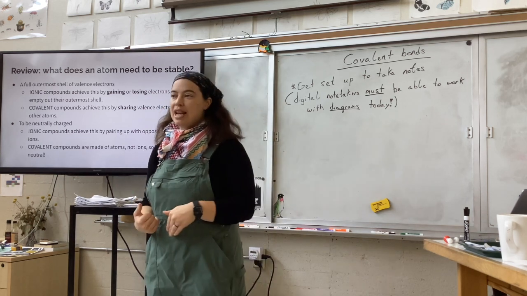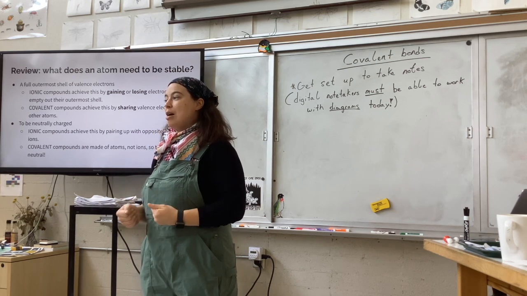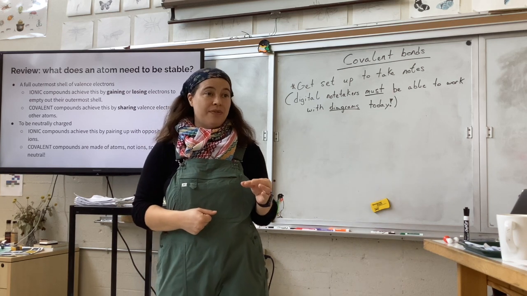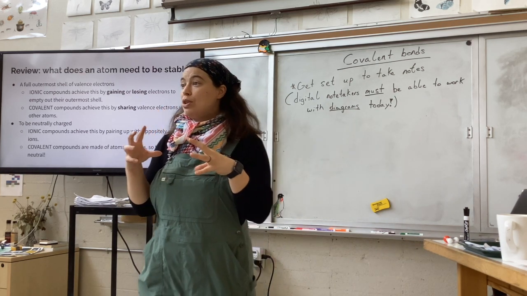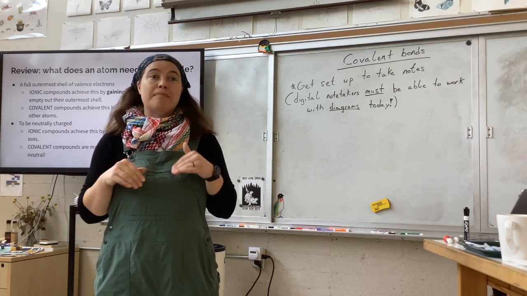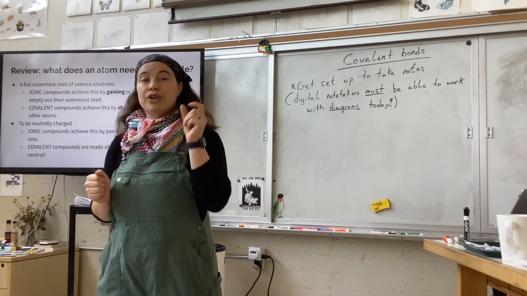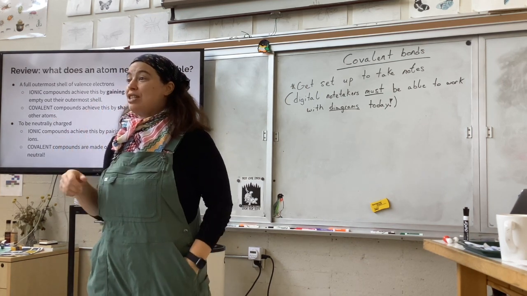The second thing that has to be true to create a stable molecule or chemical compound that can actually exist in nature is that we have to have something that ends up being neutral as a whole. So for ionic compounds, let's say you've got lithium fluoride, where your lithium cation has a charge of +1, and your fluoride anion has a charge of -1.